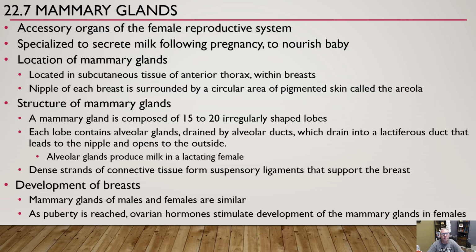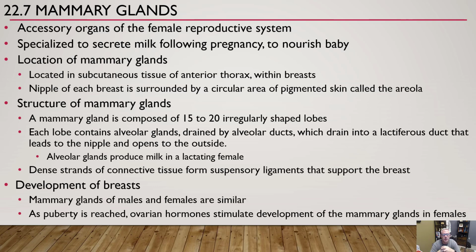All right, mammary glands. They are accessory organs, specialized organs that secrete milk following pregnancy. Obviously, the purpose is to nourish the baby. They are located within the breasts in the anterior thorax, and they have a nipple that's surrounded by a circular area called the areola.